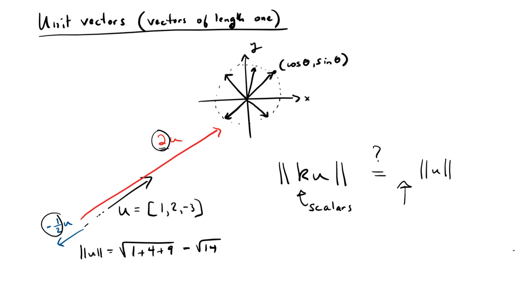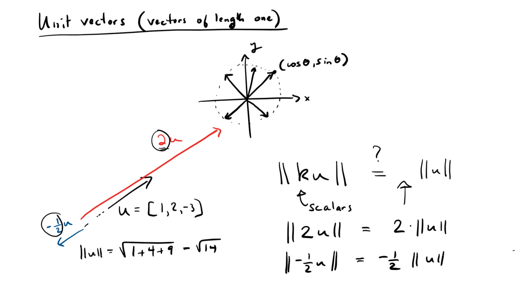And what is that? Well, if I'm looking at 2u, how is its length connected to the length of u? Try to answer that. Well, it's twice as long, so it should be twice the length, right? 2 times the length. But if I have minus a half of u, you might be tempted just to put minus a half here, but that doesn't make sense. These lengths are always positive, so this is a positive quantity.